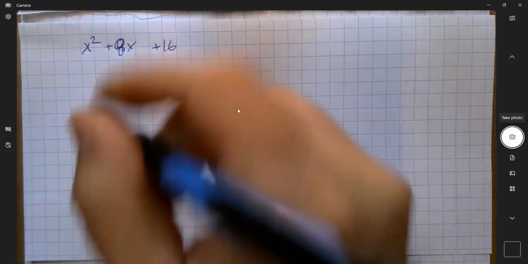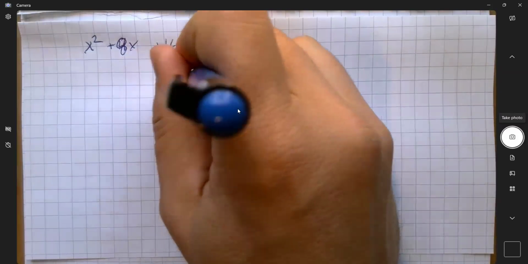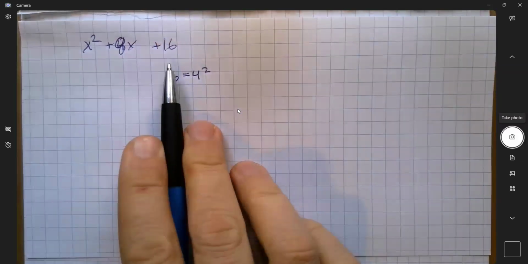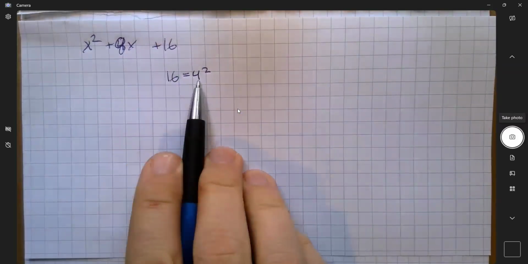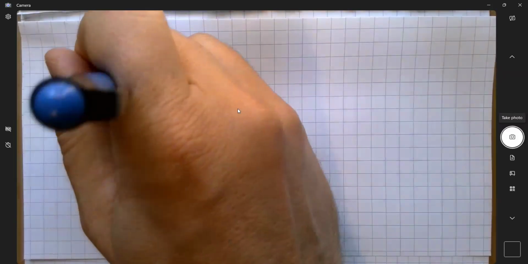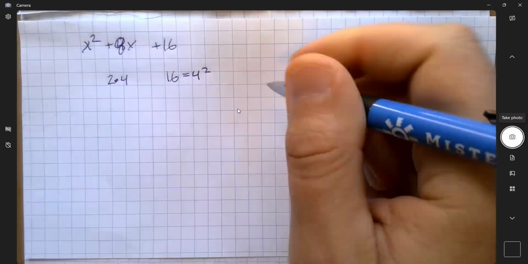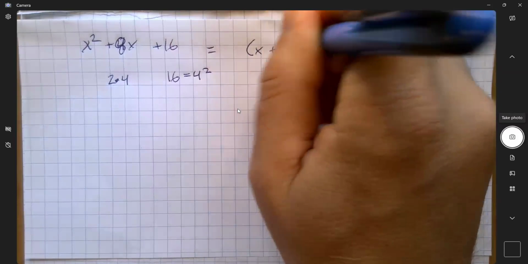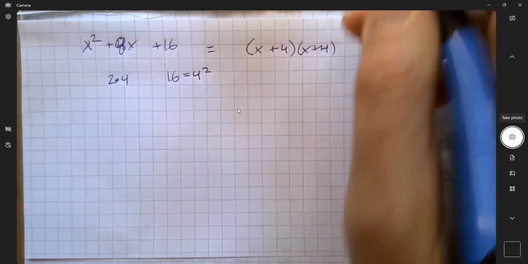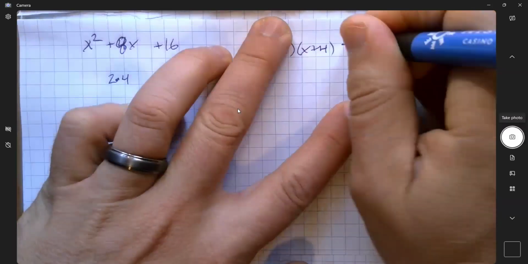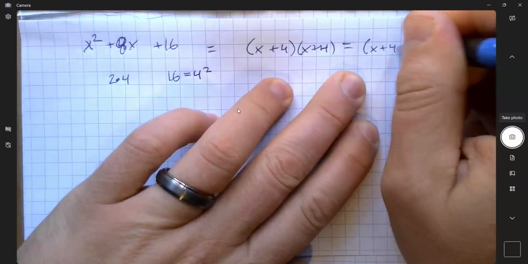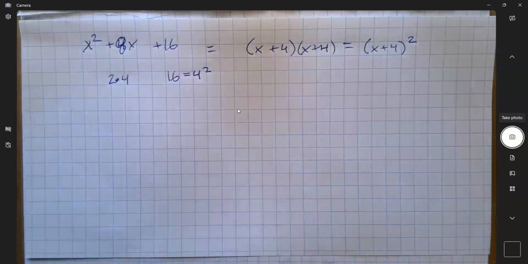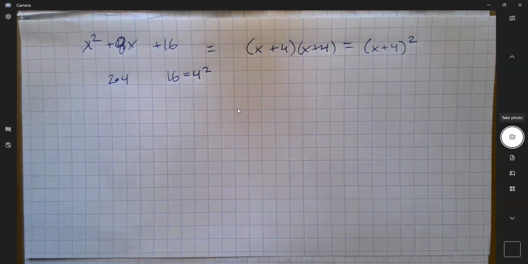And I pause and I say, okay, 16 equals 4 squared. This is the easy way to start, I think. 16 equals 4 squared, and 8 equals 2 times 4. Aha, that means this must take the form x plus 4 times x plus 4. So we're recognizing a pattern to help us work a little more efficiently.